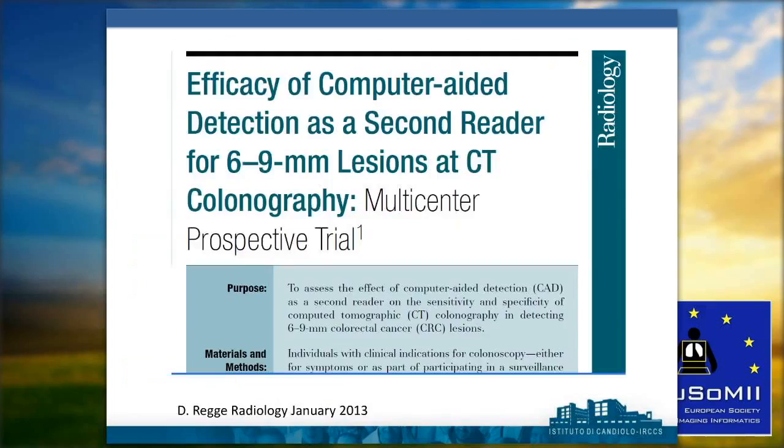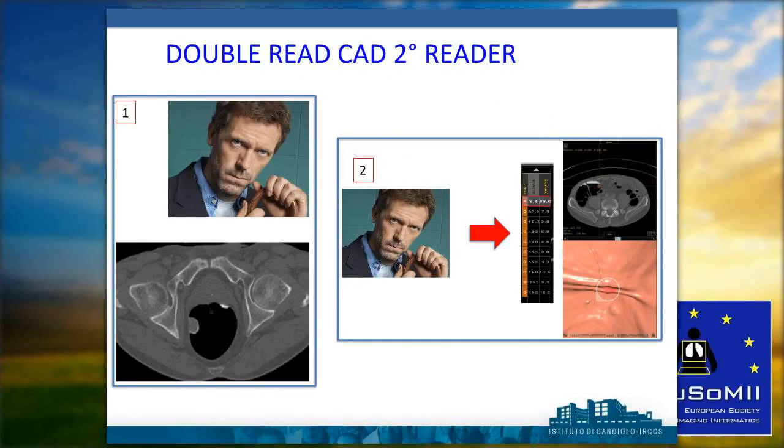But what we did next was to evaluate the CAD prospectively. And this is a study we performed and published in Radiology in 2013. We actually had examined over 600 patients, using CAD in a double reading paradigm.